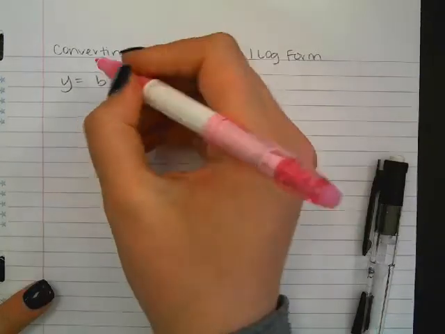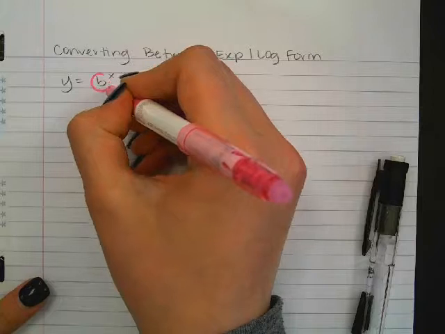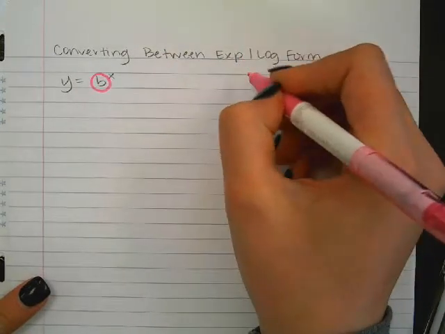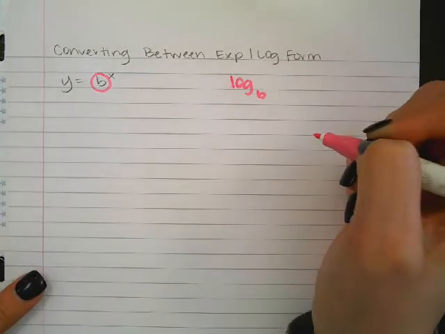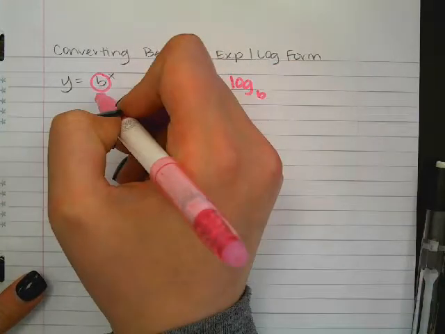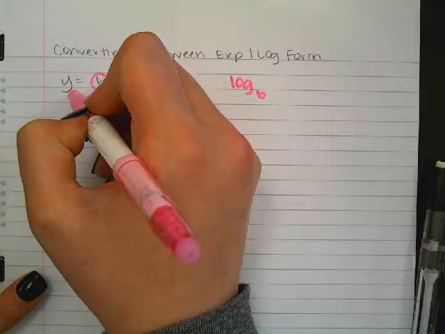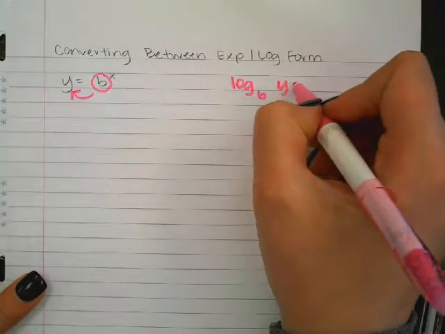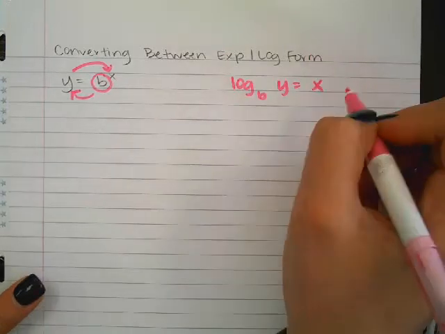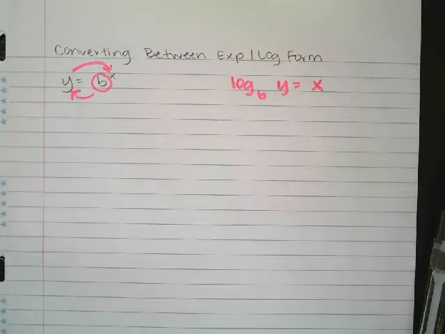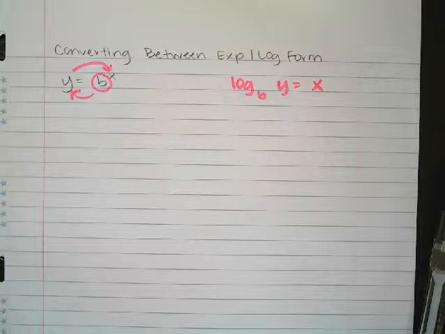But what you do is you start with the base. So you would say, I'm converting it into log form, so it would be log base b. And then you Tootsie Roll, which means you just go around in a circle. So log base b of y equals x. So that's one way for you to do the conversion.